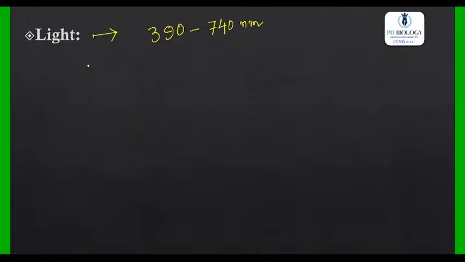Photosynthetic active radiation ranges from 400 to 700 nanometer. Radiation below the visible light is UV light, while those above the visible light are infrared light, which are heat waves.